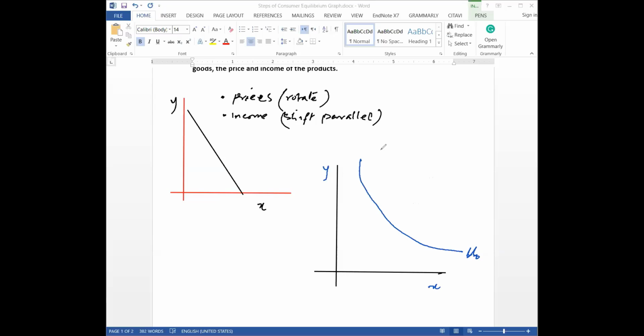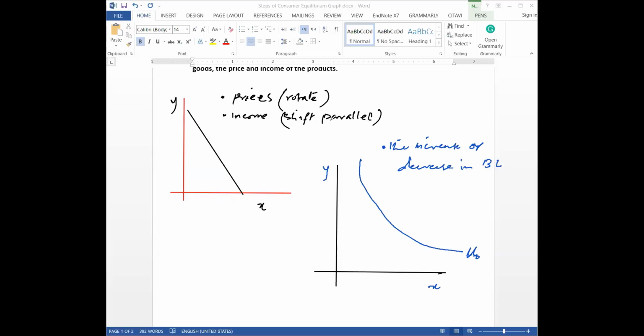So how can it be shifted? It can be shifted because of an increase or decrease in the budget line. Because there are infinite indifference curves, they do not change themselves.